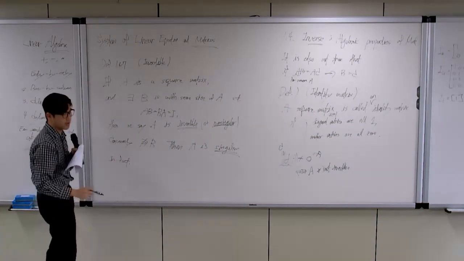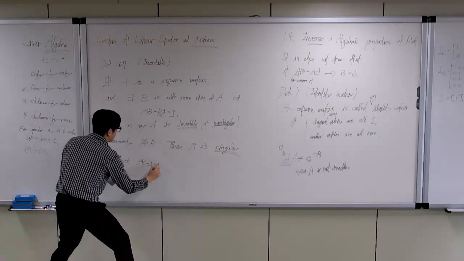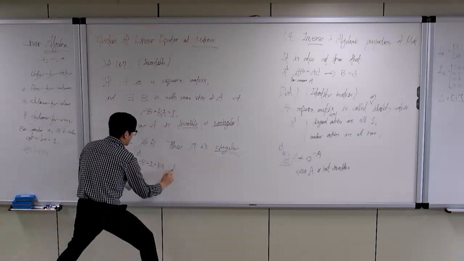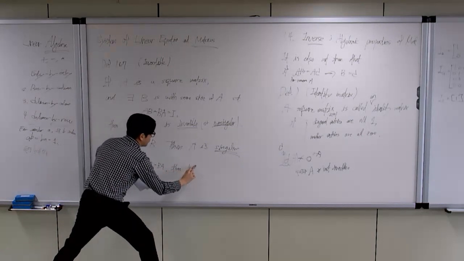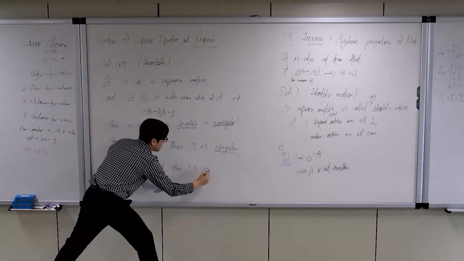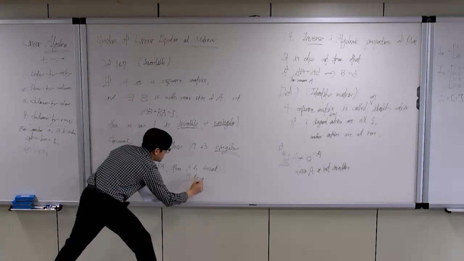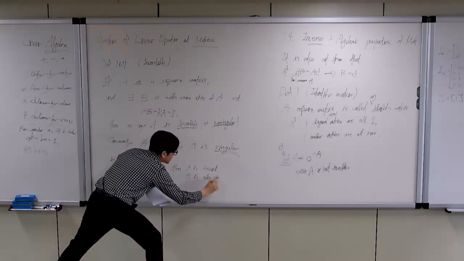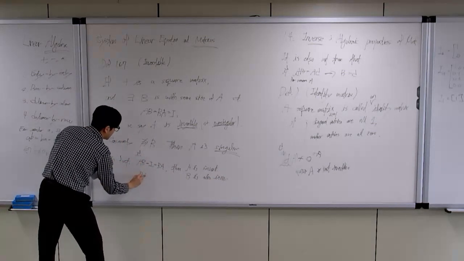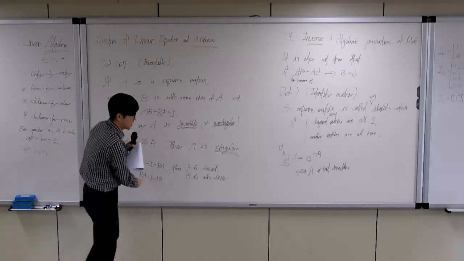If AB is 1, then we defined A is invertible, and also B is invertible, because by changing this side it doesn't matter although we write this form.